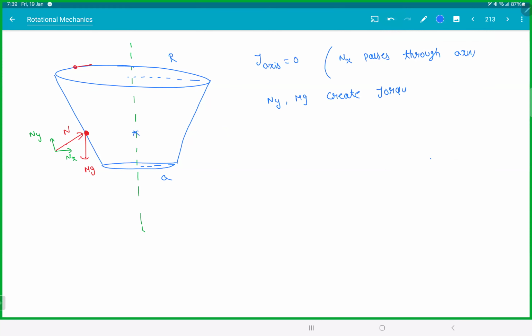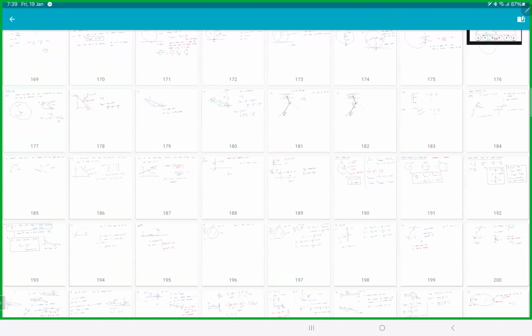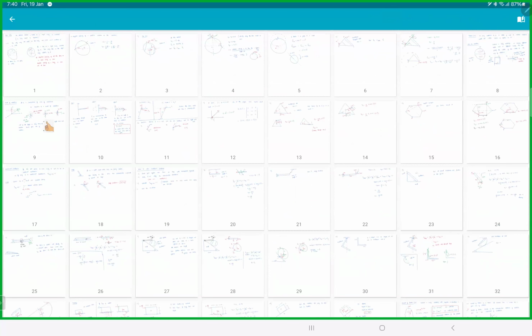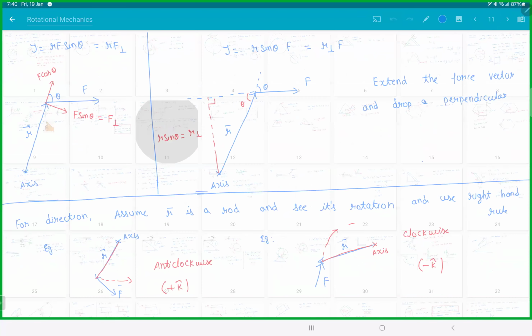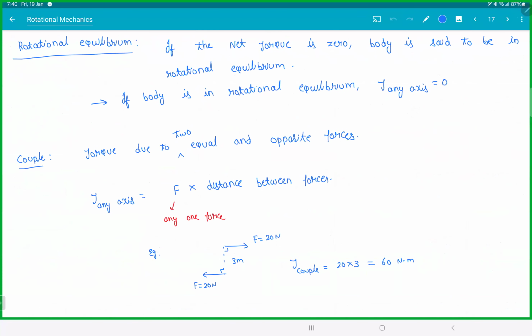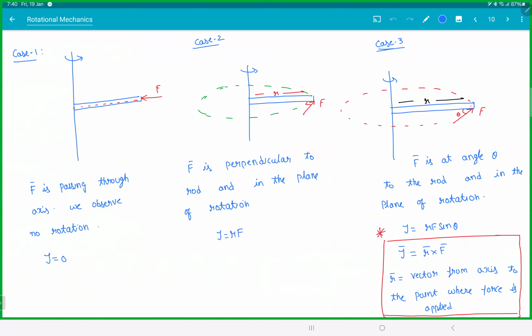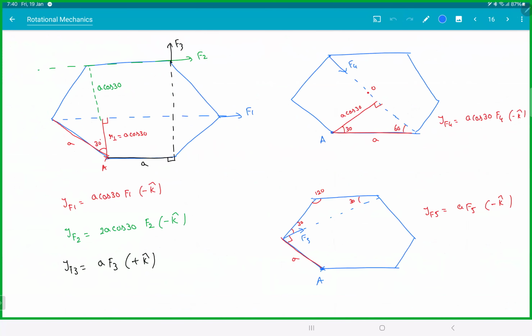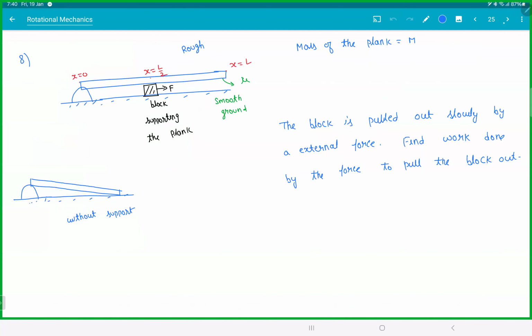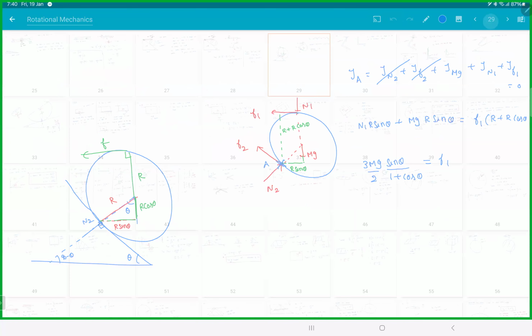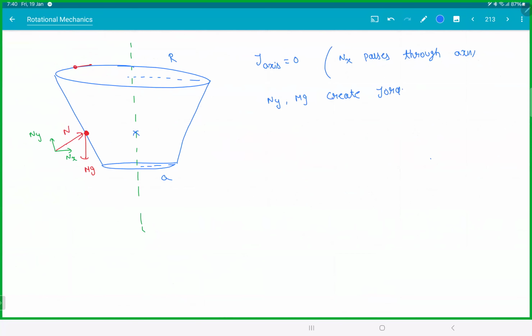See, if I take torque about this point here, how is the torque of mg? Isn't it this way, k cap, out of the plane? So there is a torque on the particle, but about this axis there is no torque. Are you getting this catch? When we did torque in the beginning, so here they create torque out of the plane.